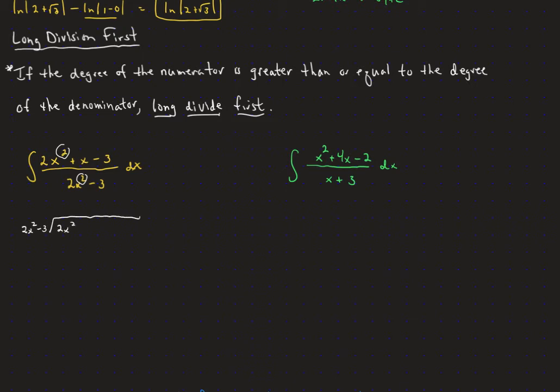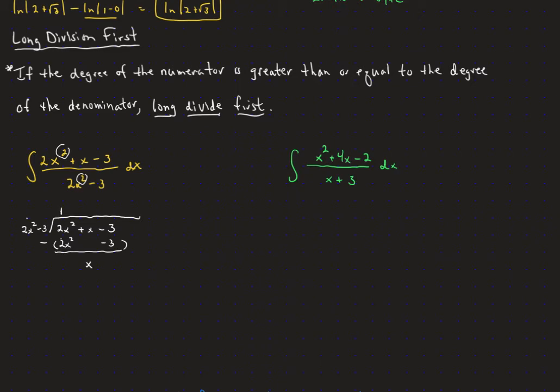It may have been a while since you've done this, so let's refresh our memory. We're going to say, what times 2x squared is 2x squared, and that's going to be a 1. So we'll write down our 2x squared minus 3. We'll kind of line up our like terms. We're going to subtract this so that we'll get rid of the 2x squareds.